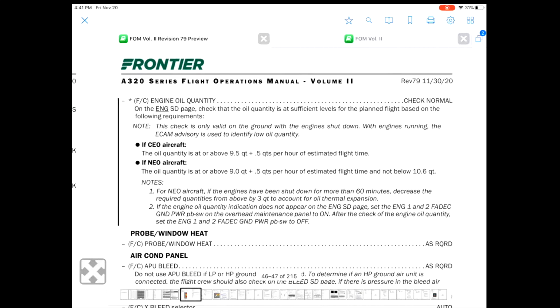Okay, great. And then we still have the NEO issue, we call it, right, where we still have to turn on the FADEC ground power on the NEOs to be able to see that quantity. Yep, exactly. If it's shut down for more than 5 minutes, you're going to have to do that. And again, to that point, we always use that maintenance ground power push button switch where we got to stretch out our arms for that. Sure. You got to explain that to me. Was that an oversight or a design feature there?